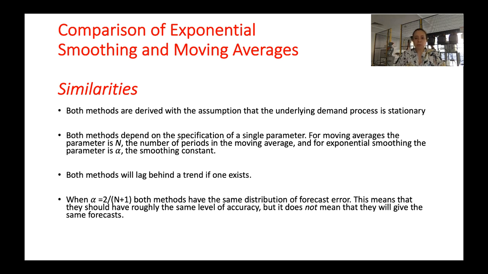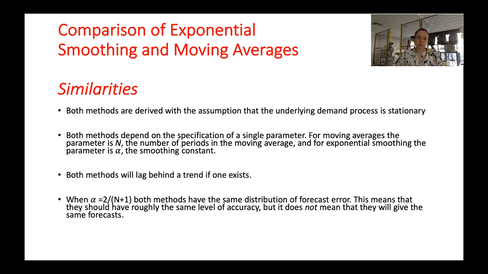And in both of the methods, there is a single parameter that we have to specify. For moving averages, we have to specify the value n, which is the number of periods in the moving average. And for the exponential smoothing method, we have to specify the value of alpha, which is the smoothing constant.